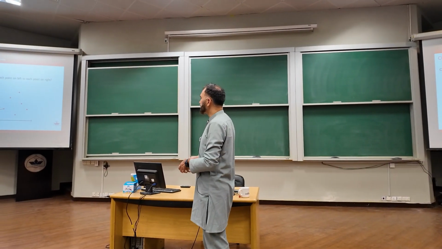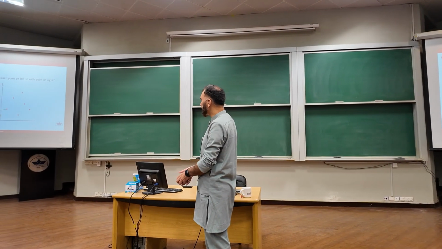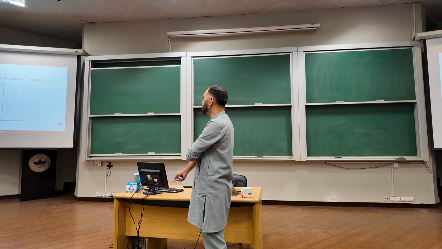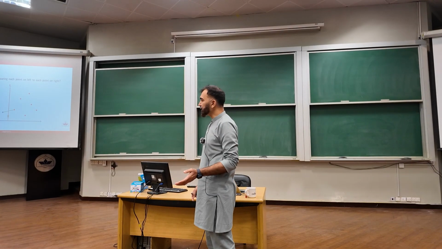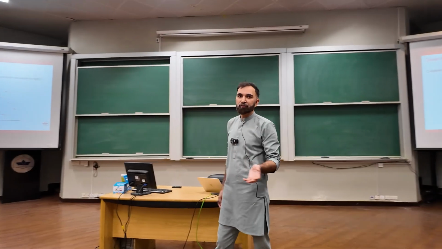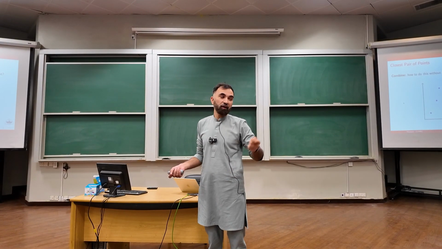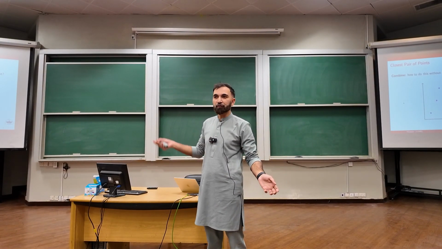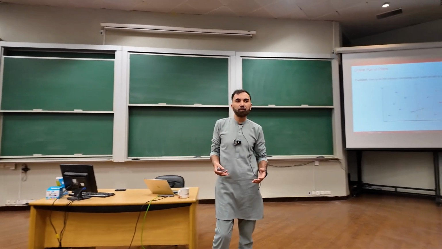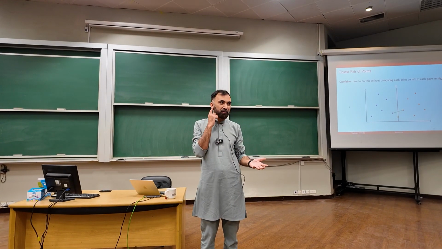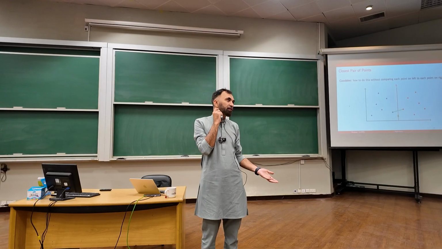Okay, so how do we combine this without comparing each point on the left to each point on the right? If you have to compare each point on the left to each point on the right, there are half of the points on the left, half of the points on the right. That's going to come out to be n squared over 4 comparisons, which is order n squared already, right?